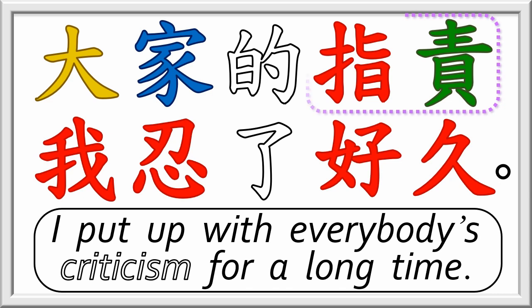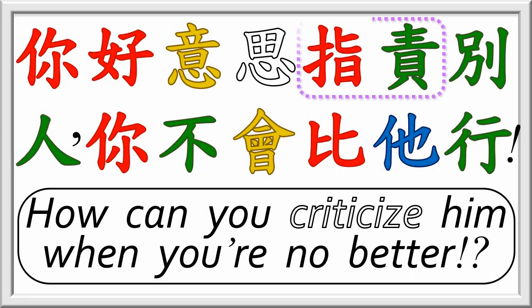In lesson 34, we learned the expression 责骂, meaning to rebuke, give somebody a dressing down. Now we have 指责, meaning to censure, find fault with, or criticize. 大家的指责，我忍了很久。I put up with everybody's criticism for a long time. 你好意思指责别人？你不会比他行。You've got a lot of nerve criticizing him when you're no better.